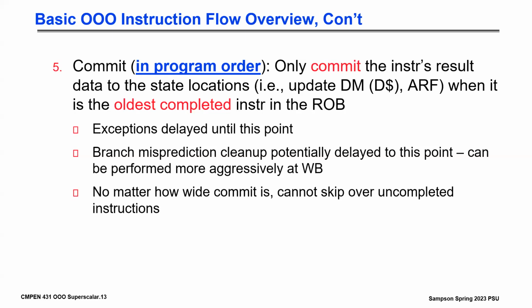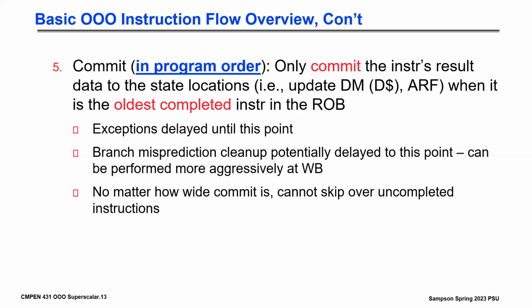If so, great, right? Then, and only then, can we update the globally visible state of the machine, right? And again, we have some width that we're going to do this for. You can think of this as a sort of priority encoder, sequentially in order, up to the width of the commit of the machine, right? Oldest completed valid instructions, process them.